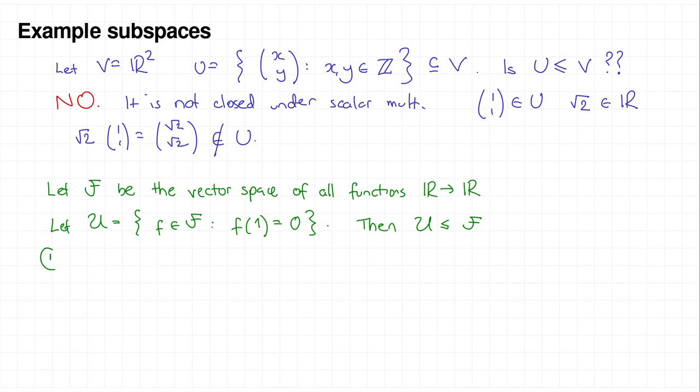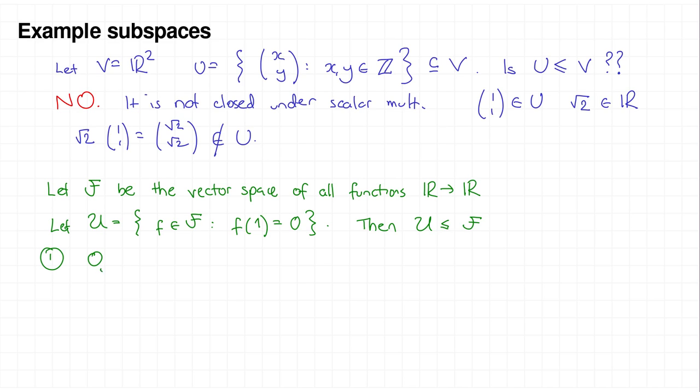So condition 1, does U contain the 0 vector? Well, you will remember that the 0 vector in our vector space F was the constant function which took the value 0 everywhere.